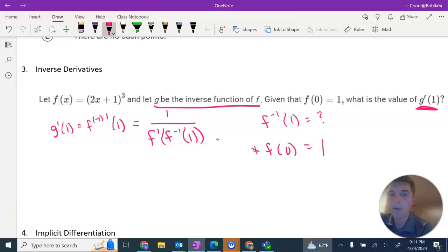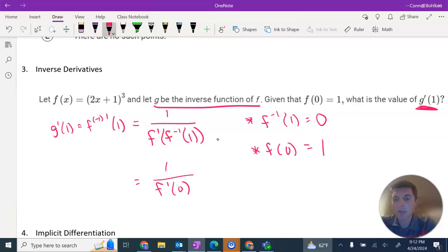So if f of 0 equals 1, then f inverse of 1 equals 0. Yeah, nice job. So rewrite this on a new line: 1 over f prime of 0. Now we'll go up, take that derivative, plug in 0 for x, and evaluate from there.